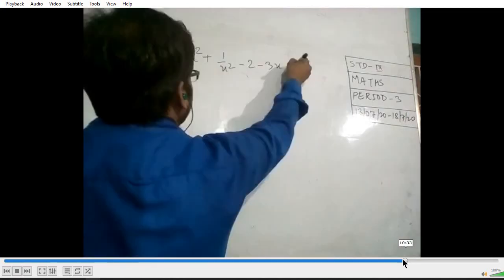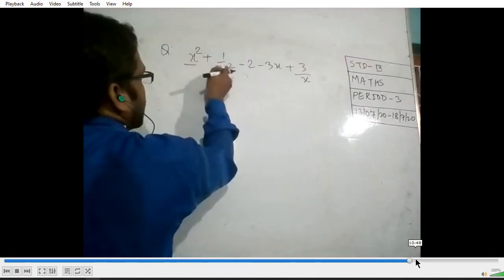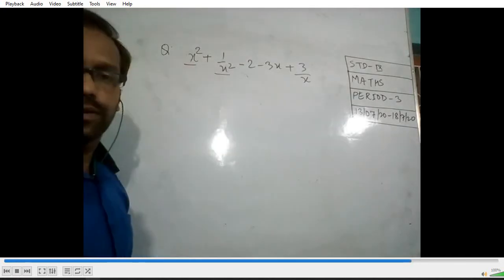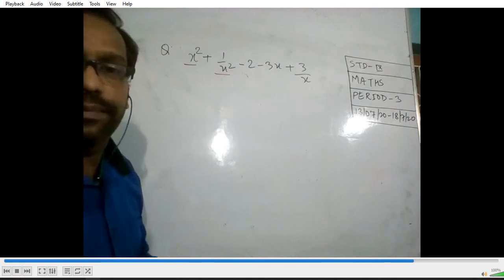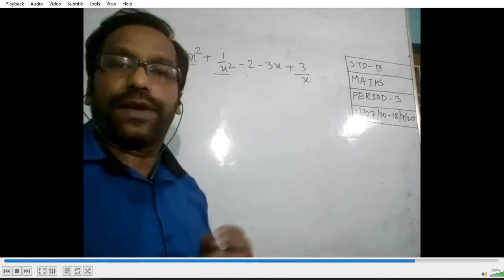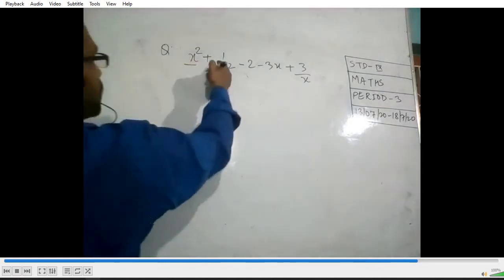Okay, now see here, one more question we will try to solve. This is based on a general formula. Just see this is the question. So that means we have a chance to convert them into a perfect square of a binomial. See how? x square plus 1 by x square.